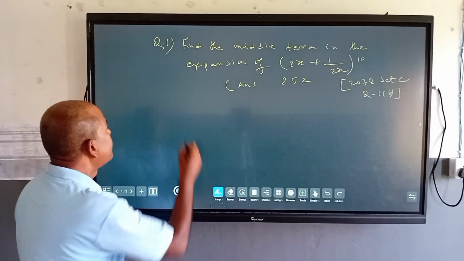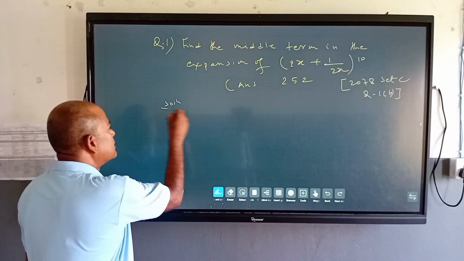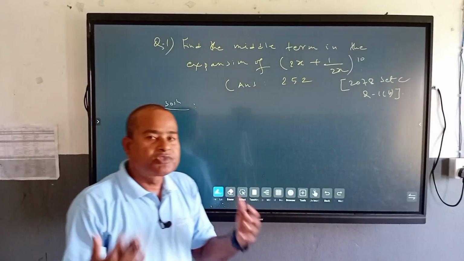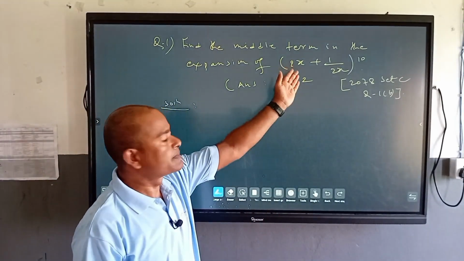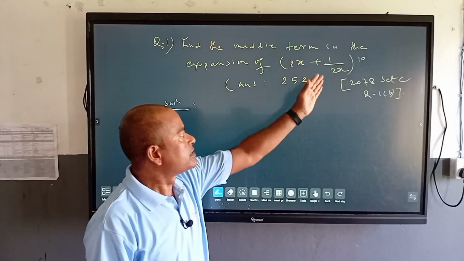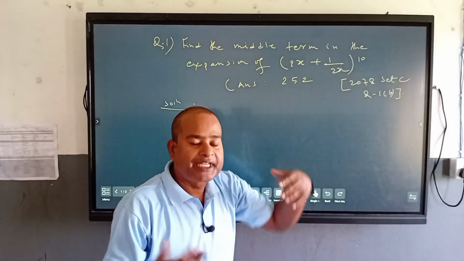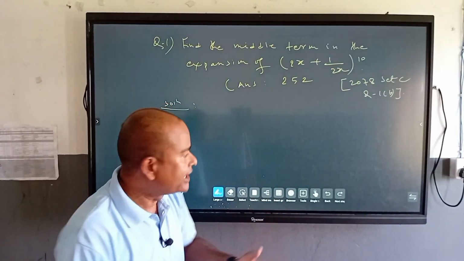Dear students, at first we have to suppose the given binomial expression (2x + 1/2x) whole power 10 as (a + x) whole power n.